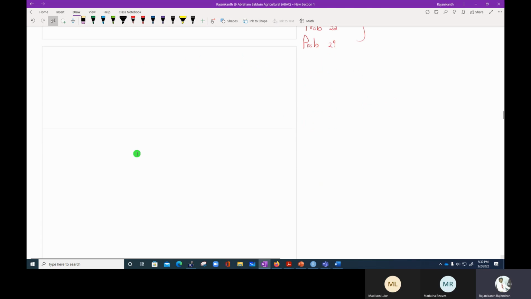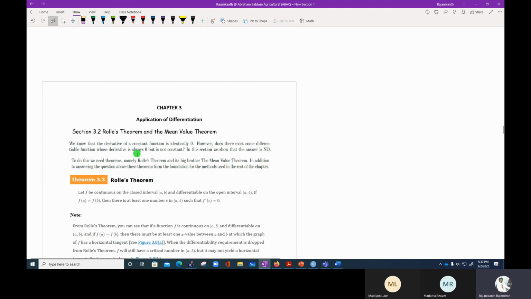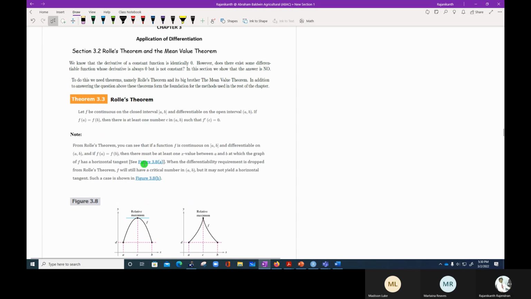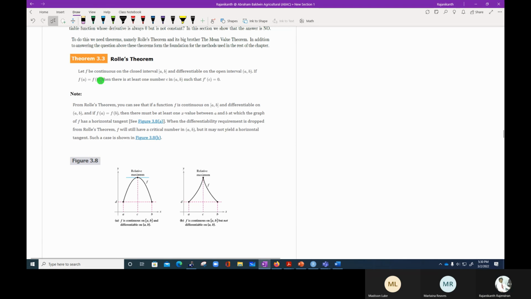That's about 3.1. Now let's move on to 3.2, Rolle's theorem and the mean value theorem. What does Rolle's theorem say?